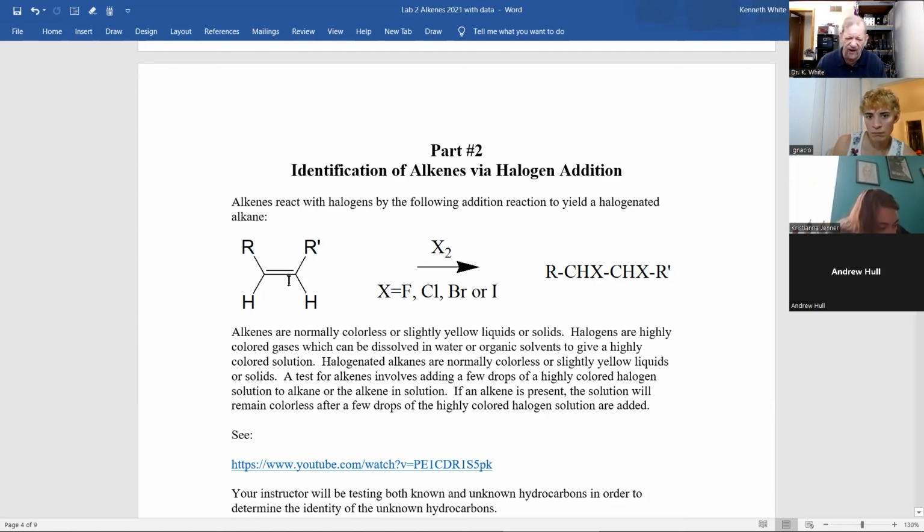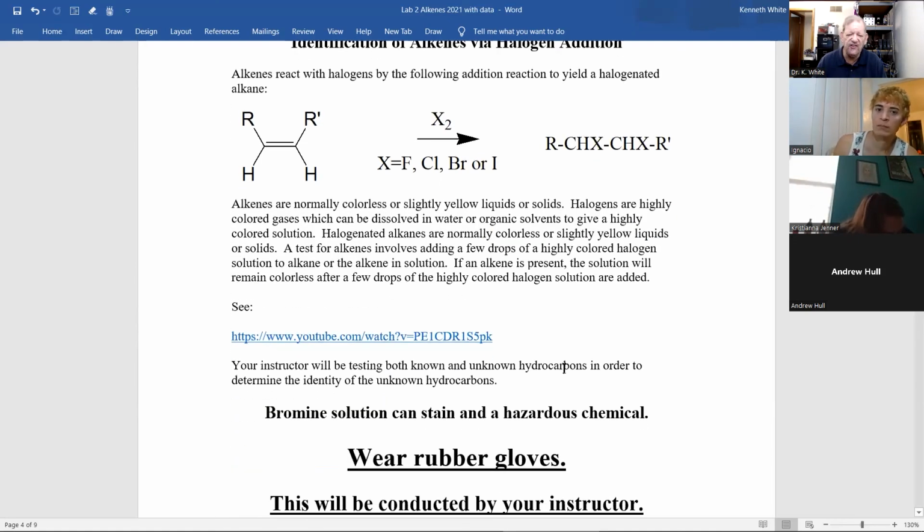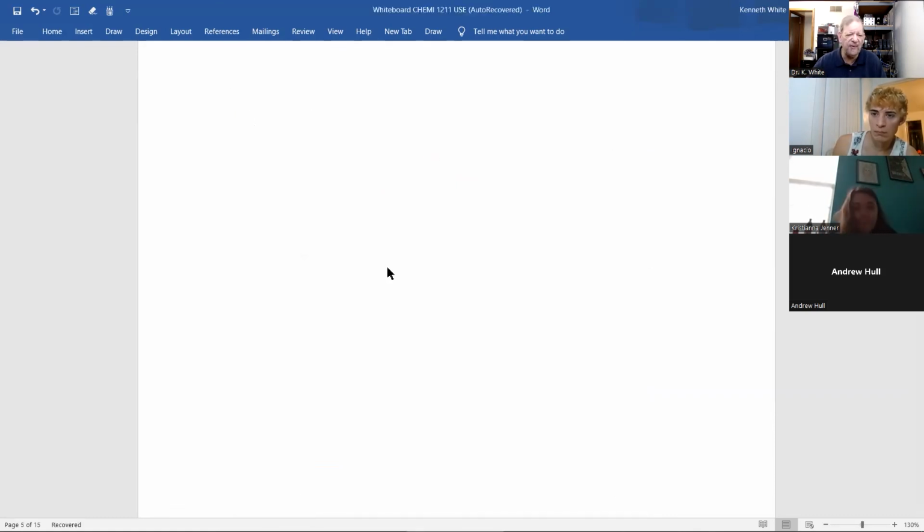One of the famous ones is you take a double bond, react with a halogen, you break the pi bond, and each carbon gets a halogen. Now, the test involves bromine. If you take a double bond, these molecules are usually either clear, no color, or slight yellow.